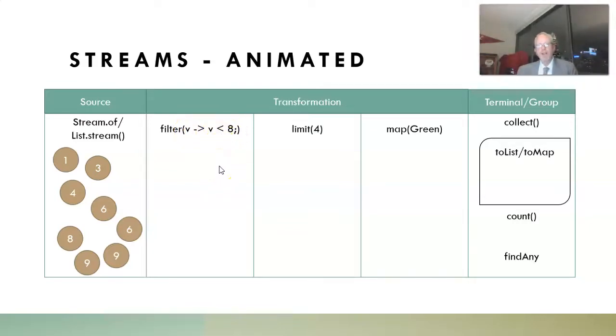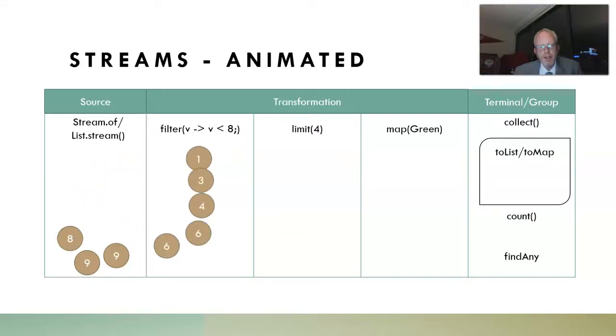In other words, the filter is going to say, give me only those items that are less than 8. And as it walks through, it grabs the 1, the 3, the 4, the 6, the 6, and it leaves all of the other numbers. So you see that we've already reduced this set, or this collection, or the stream really, without actually doing an if test. The filter effectively is the if test.